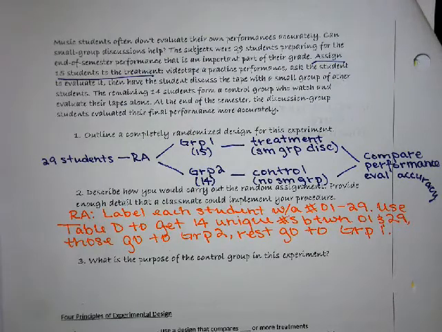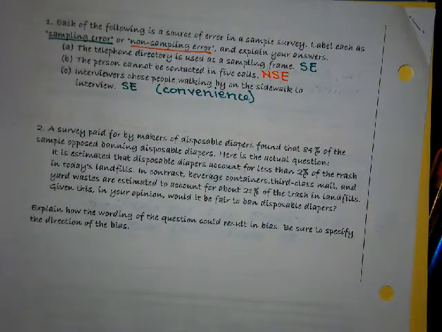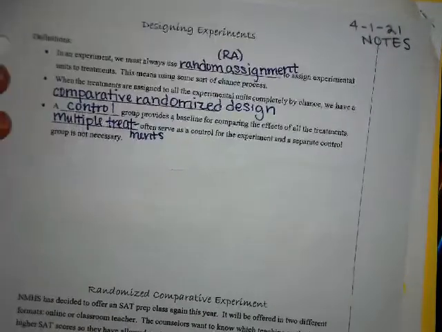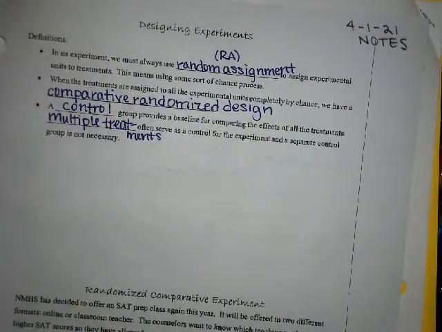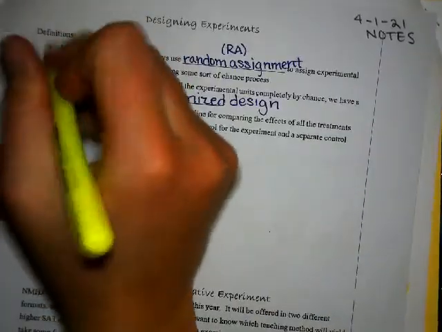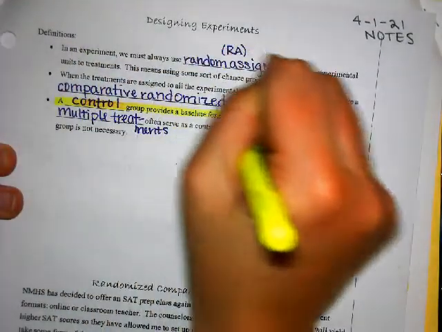So what is the purpose of the control group in this experiment? So flip back here. A control group provides a baseline for comparing the effects of all the treatments.